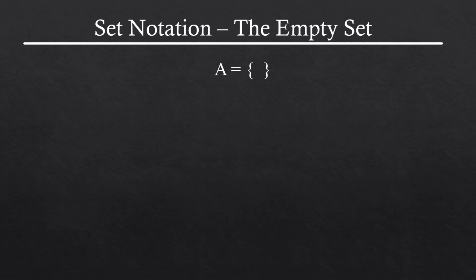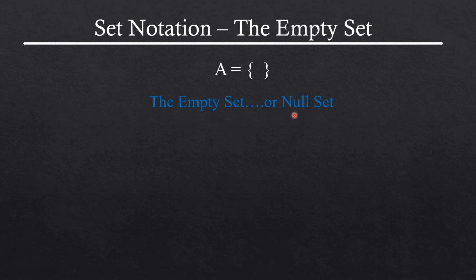All right. Now we're going to talk about set notation with the empty set. There are several different ways that we talk about sets that don't have anything in them. This drives people crazy sometimes, but it's necessary to talk about. The set A is the empty set, or we often call it the null set.